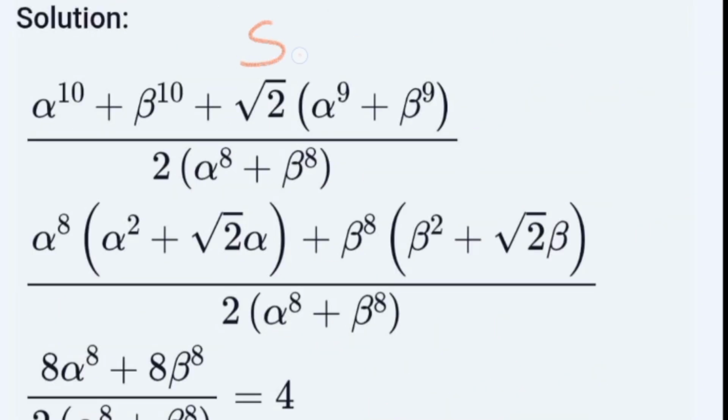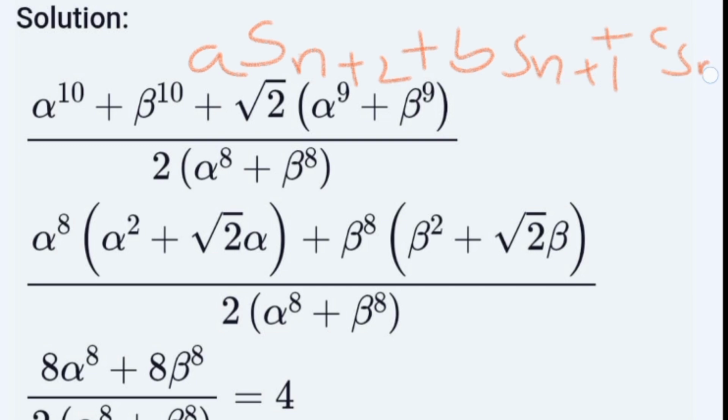Newton's identity: Sn plus 2 plus a into Sn plus 1 plus b into Sn plus c is equal to 0. We know that the equation is x square plus root 2 x minus 8 is equal to 0. Substitute these values: x square means Sn plus 2, so the coefficient is 1.